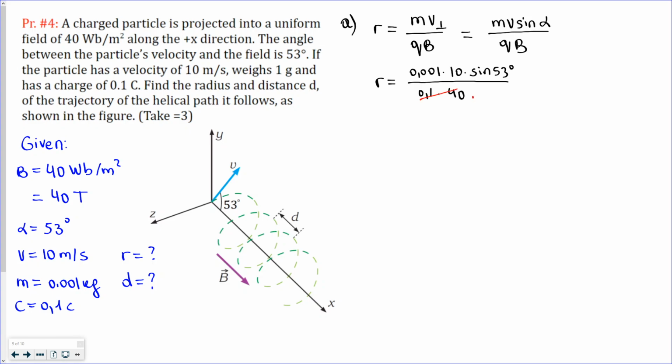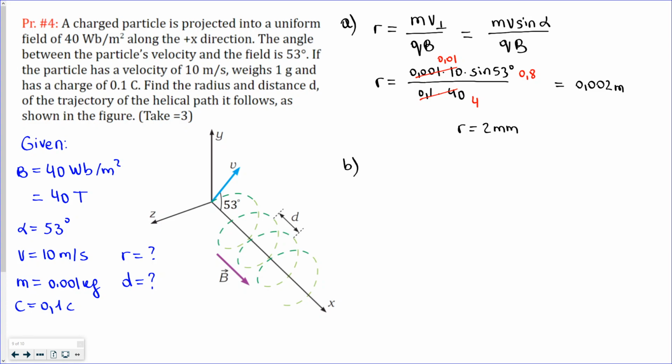From here we have 4, from here we have 0.01, and sine 53 is actually cosine 37, which is 0.8. So we have 0.01 multiplied by 0.8 over 4, and it is 0.002 meters, 2 millimeters. The radius of the path is 2 millimeters.